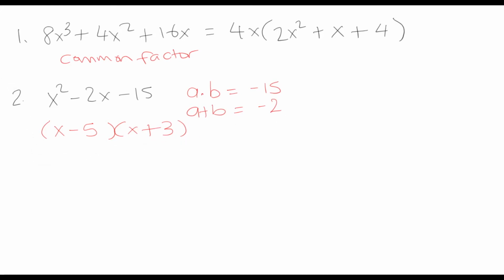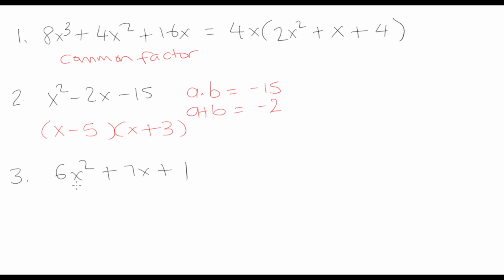Now, in our last case, if our leading coefficient is not 1, let's say if we have something like this, 6x squared plus 7x plus 1, this was the example that we just went over.